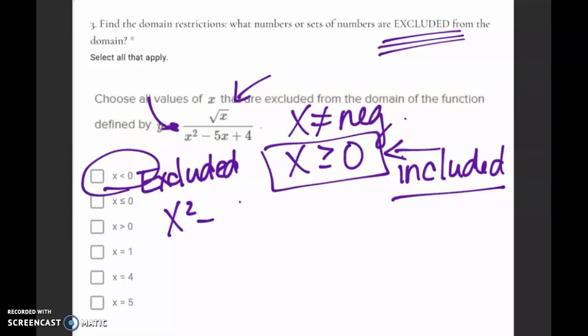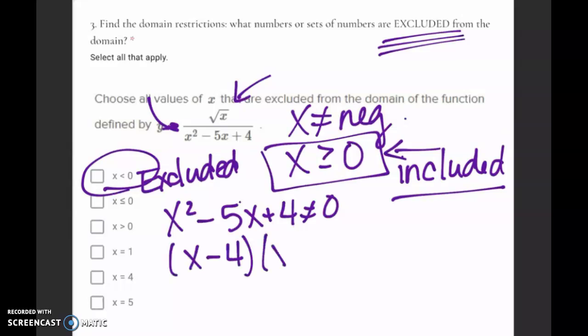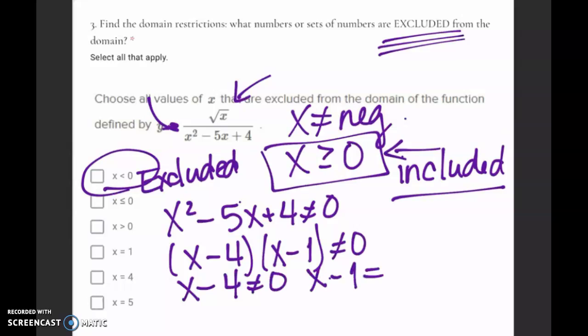So x squared minus 5x plus 4 cannot equal 0. So that would be x minus 4 times x minus 1, which cannot equal 0. x minus 4 cannot equal 0. x minus 1 cannot equal 0.